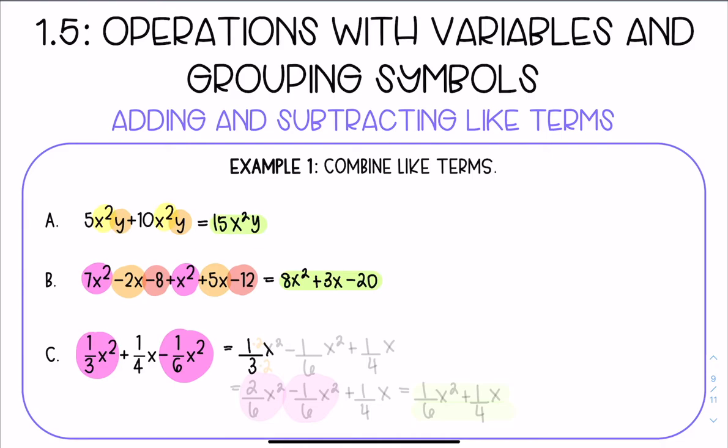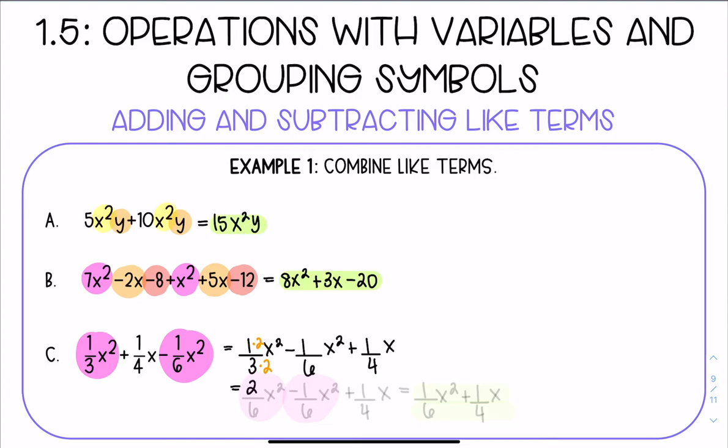We've got 1/3 x squared minus 1/6 x squared plus that 1/4 x, which is just going to stay the way that it is. And to add or subtract fractions, we have to have a common denominator. So between that 3 and 6, we can make the 3 look like a 6 by multiplying by 2.